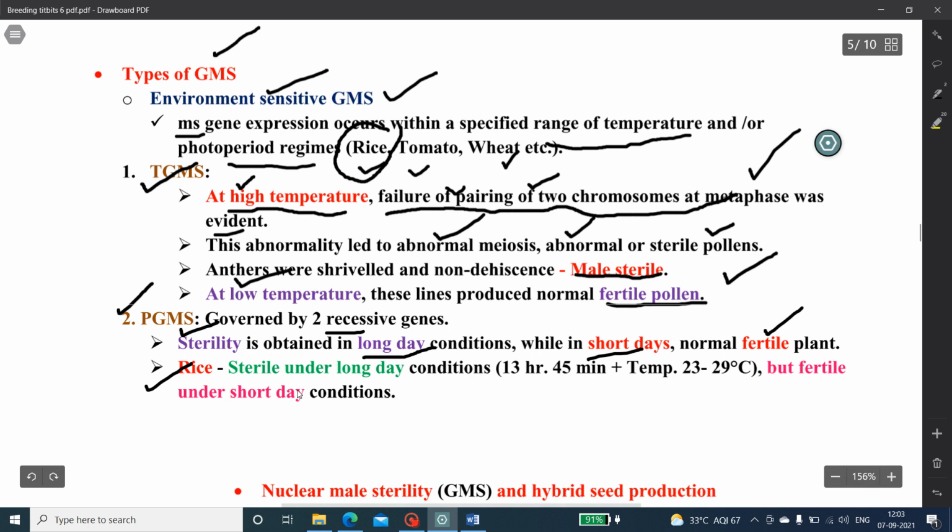The sterile pollen will be produced under long day, maybe 13 hours 45 minutes of long day, and at that time temperature may be 23 to 29 degrees Celsius. But the fertile pollen will be produced under short day conditions.